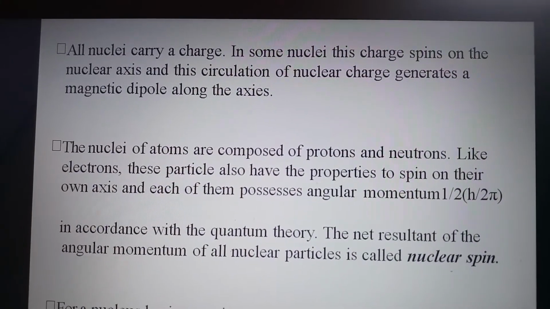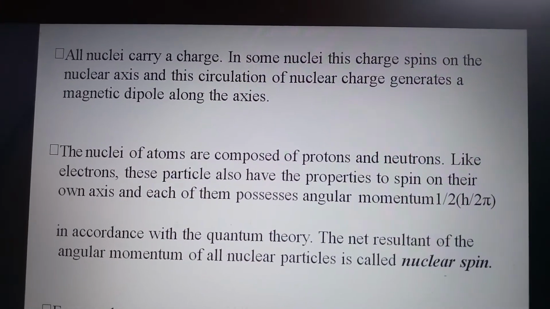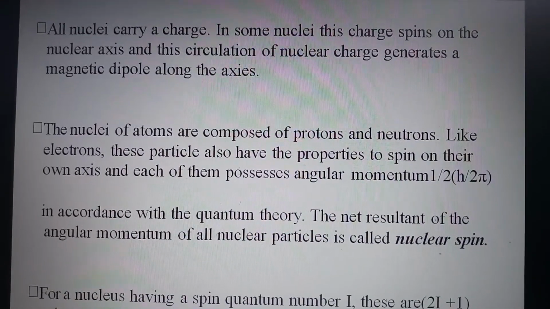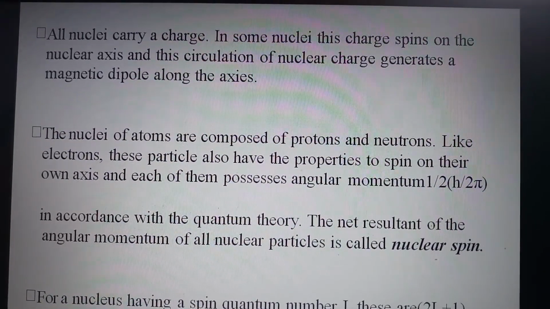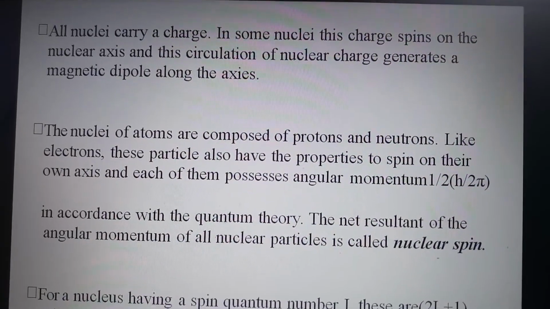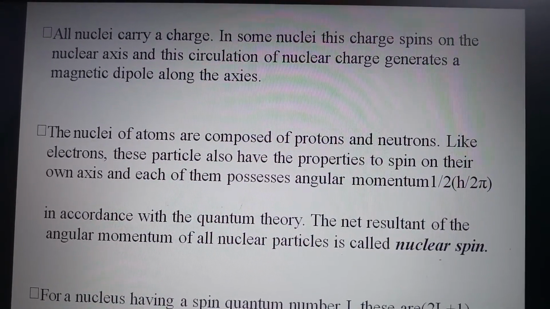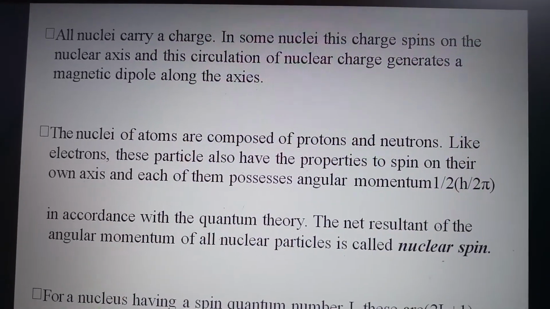The nuclei of atoms are composed of protons and neutrons. Like electrons, these particles also have the property to spin on their own axis, and each of them possesses angular momentum, half h by 2 pi.